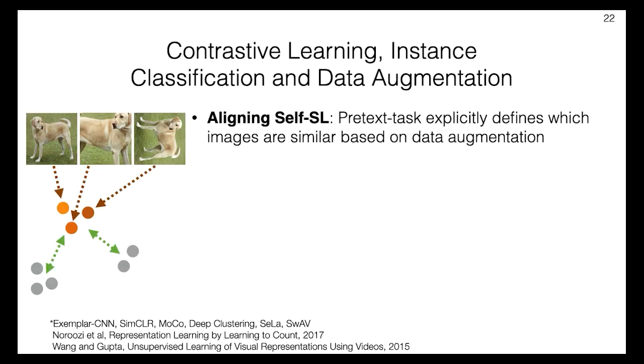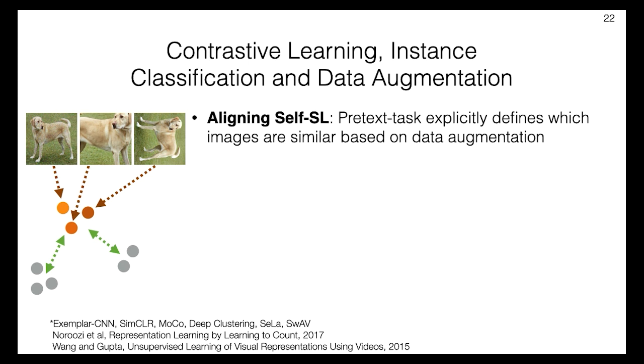In this final example, we have lots of methods, and the vast majority of the latest ones, which also correspond to the top performing ones. These methods differ from most of the previous approaches because they are aligning self-supervised learning methods. They define what transformed images should be similar to in feature space, but are generic on the separation of images.